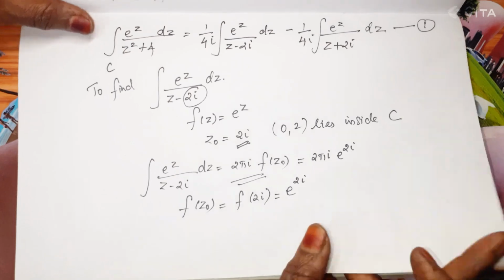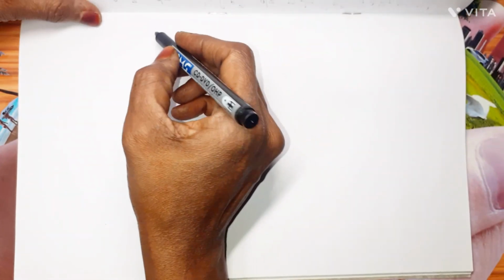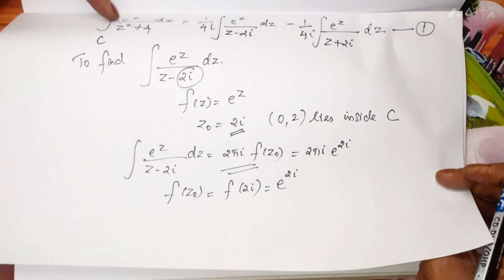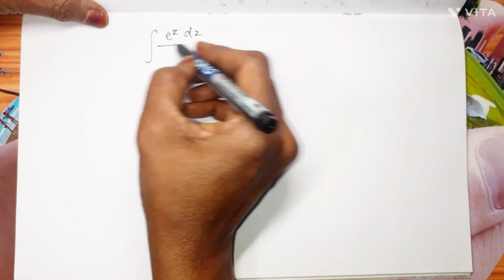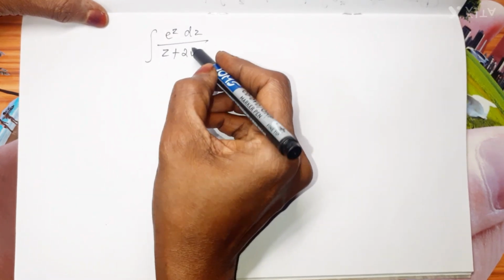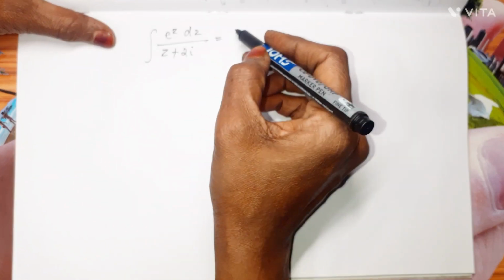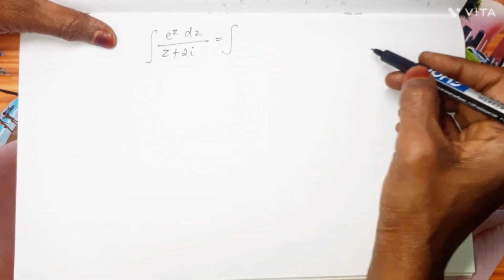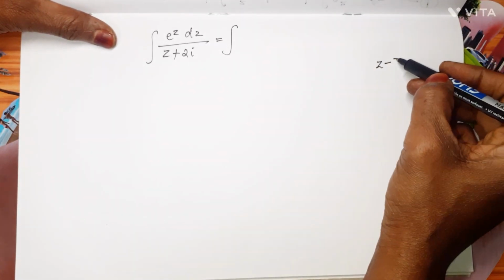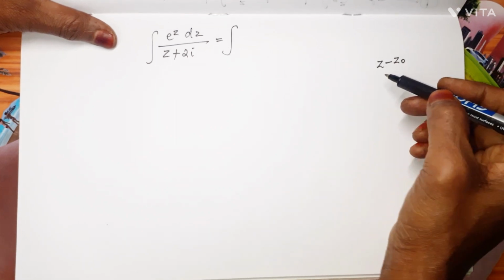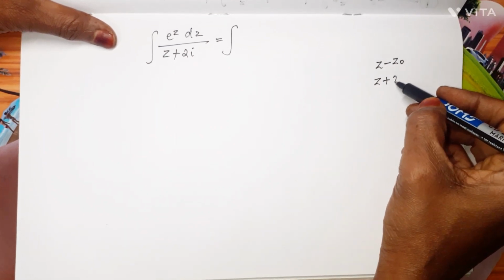The second integral what we have is integral e power z dz by z plus 2i. So here this can be written as, because in our formula we have in the denominator the term like z minus z naught, but our term is like z plus 2i.